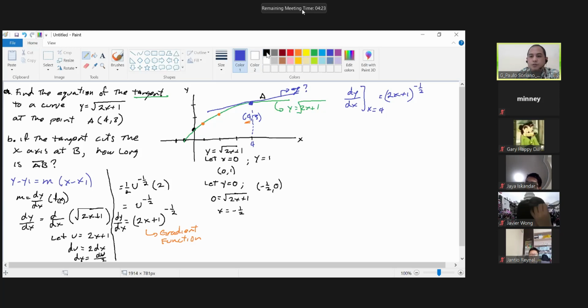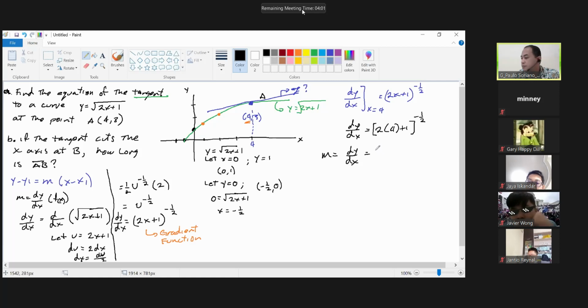Just substitute. Gradient is 2 times 4 plus 1 raised to negative 1/2. So dy dx, or gradient, is equal to 1 per 3.